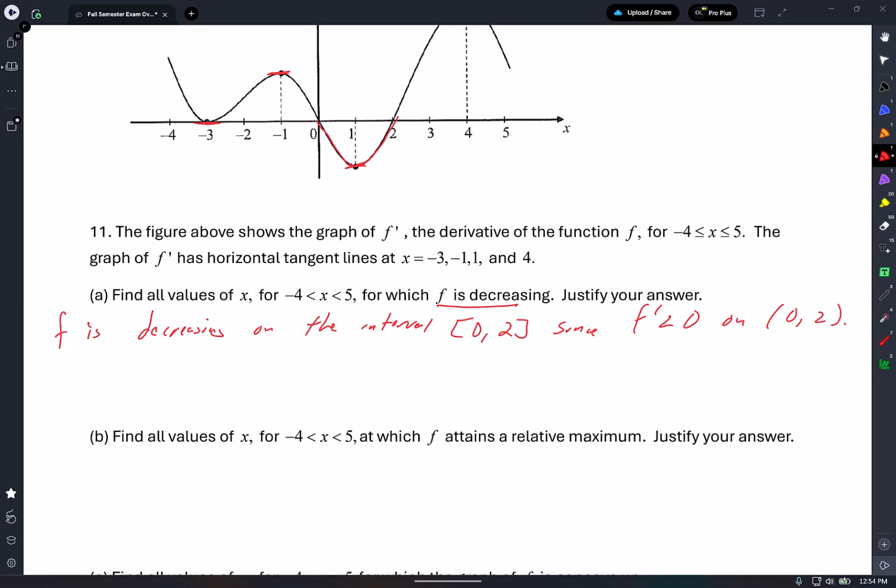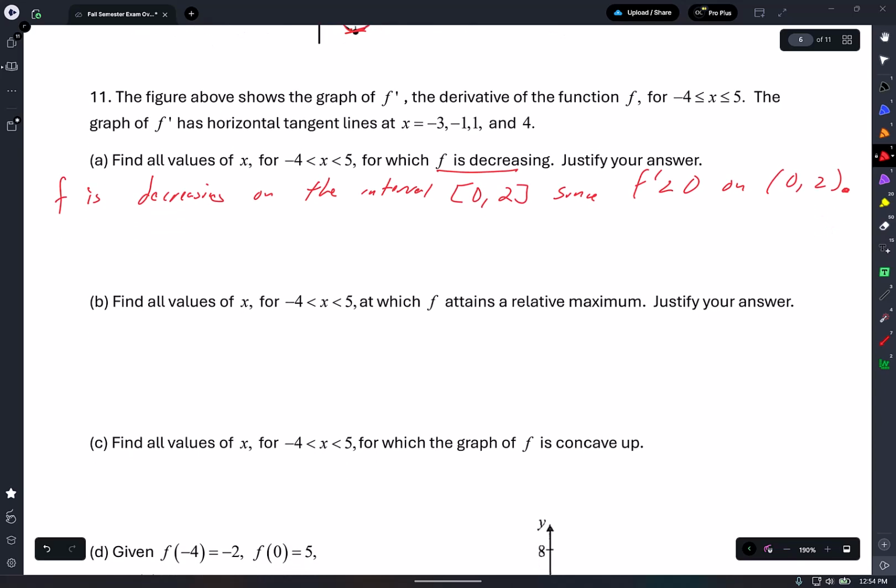If you put parentheses there, I guess you're not wrong, but you increase and decrease on a closed interval. They'd still give you the credit, guys, but I think most mathematicians would say this is the best. So f is decreasing on the interval 0 to 2 with brackets on them, since f prime is less than 0 on 0 to 2.